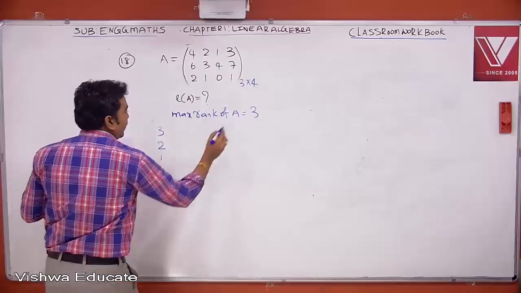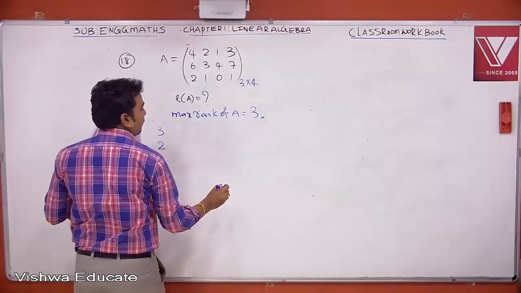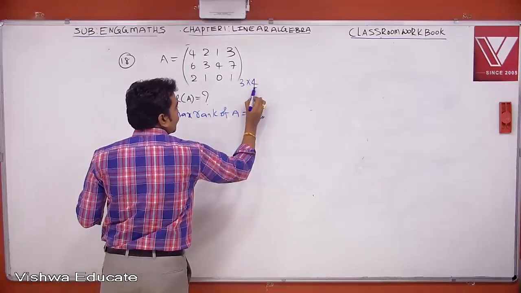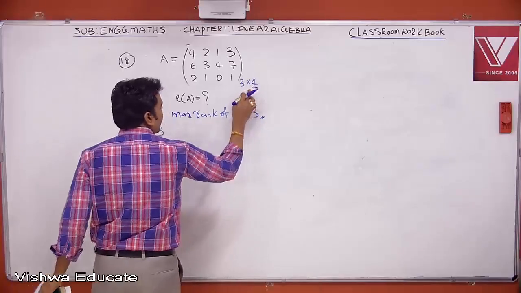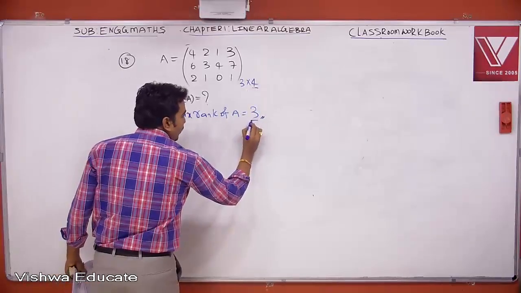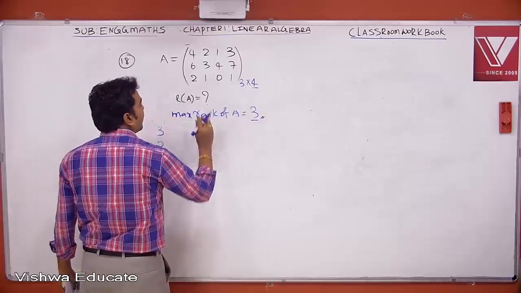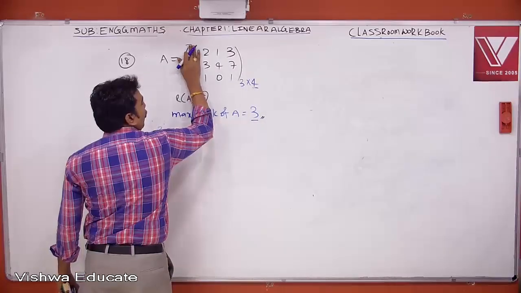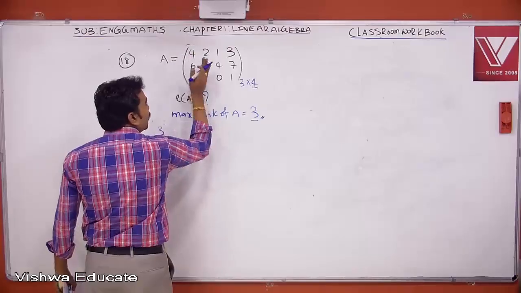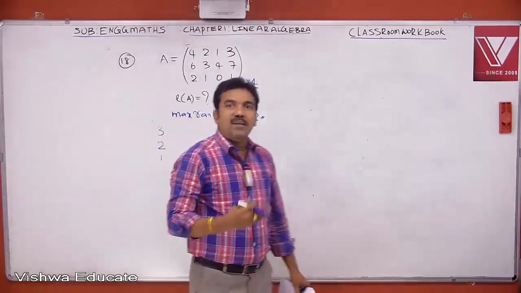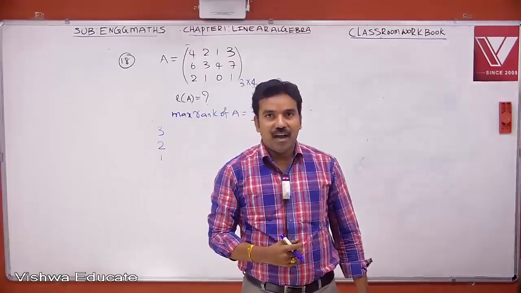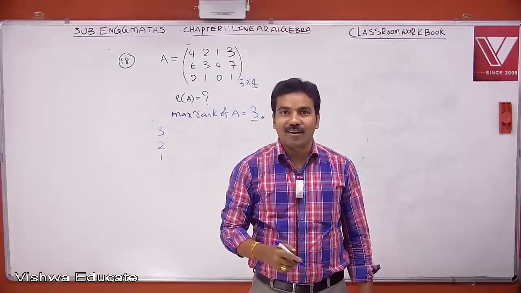Let us try to find whether it has rank 3 or not. In this case, this is not a square matrix. One column is extra. Whenever the number of columns is extra, eliminate those number of columns. So I eliminate the first column first and get one submatrix, call it A1.